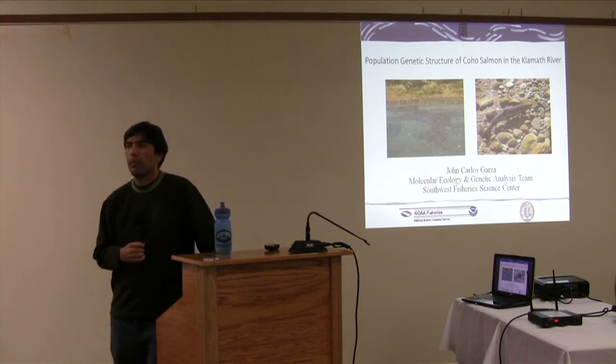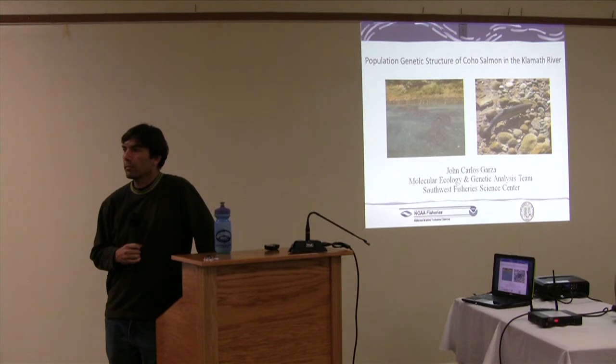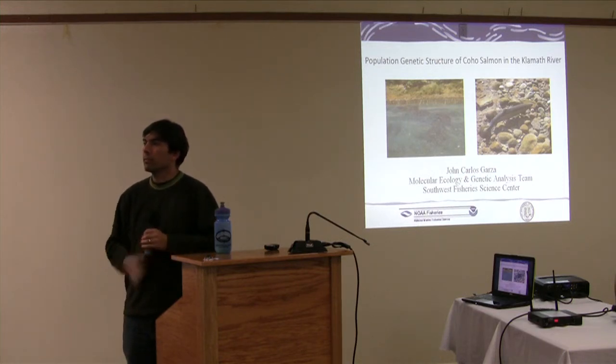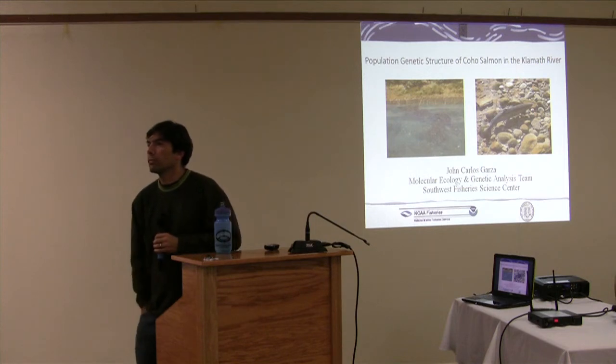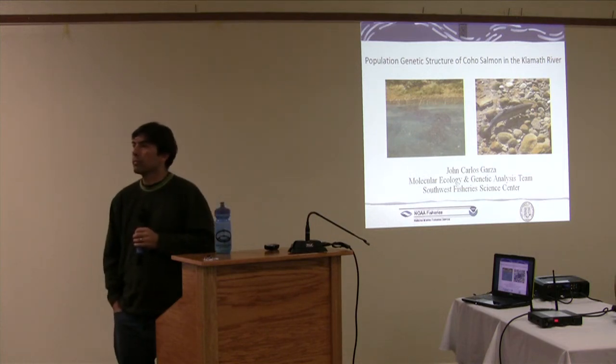Can I ask one more question? It was either Christian or Sean who referred to the temporal versus the spatial structuring. Seeing the charts, I didn't know how to interpret that, because it looked like the only brood years you had up there were related to Iron Gate. Oh yeah, right.